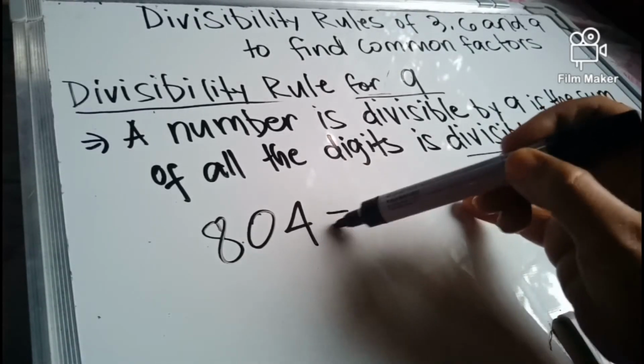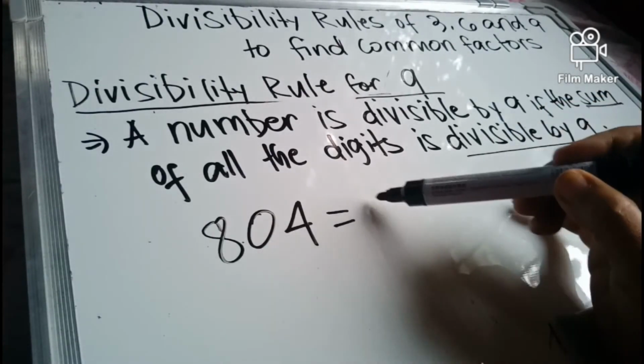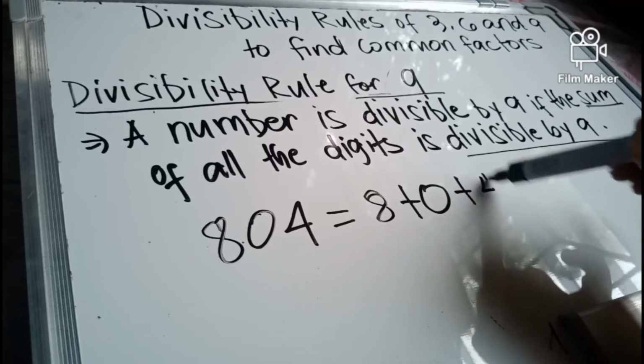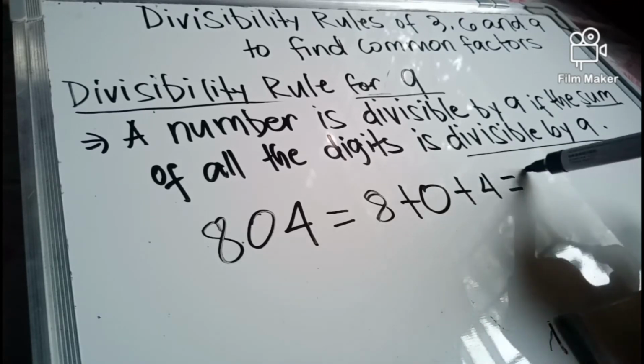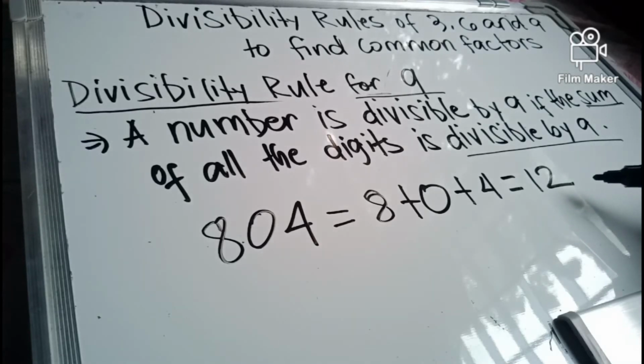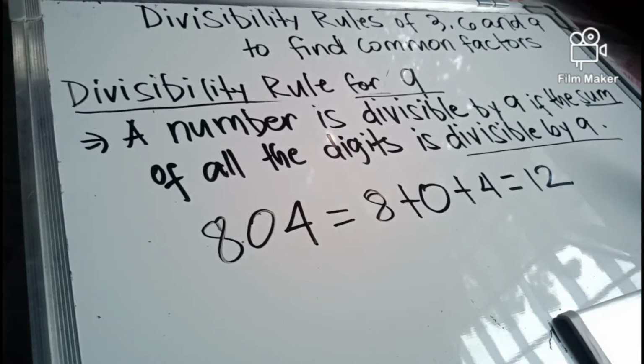So, let's add all the digits. 8 plus 0 plus 4 equals 12. 12 is not divisible by 9 kasi pag dinivide natin ito by 9, mayroon itong remainder.